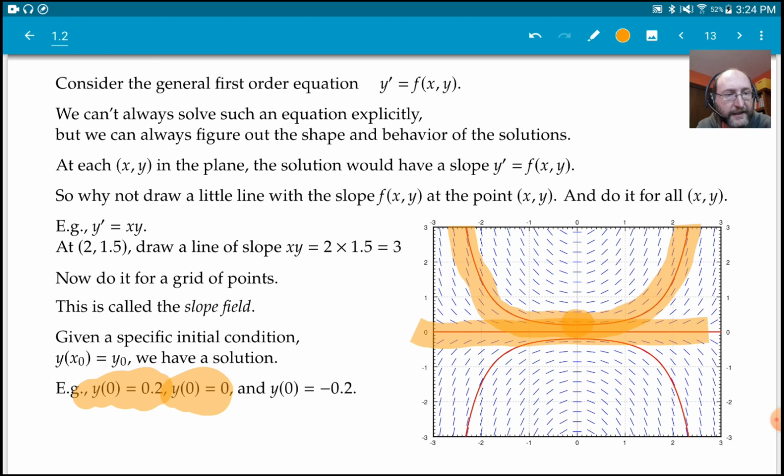So that's actually this guy, which is just y equals 0, right? And we can easily see that that's a solution here. Y is 0 because if y is 0, then y prime is 0. So both sides here are satisfied, right? So that's this middle line. And then if the y at 0 is negative, let's say minus 0.2, we actually get this solution, right?